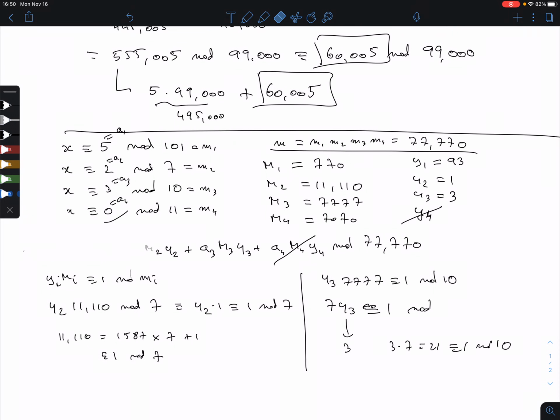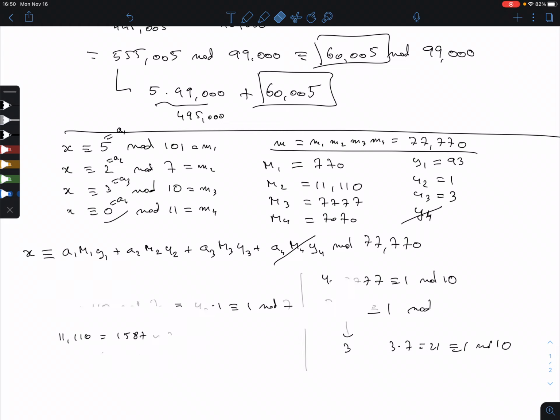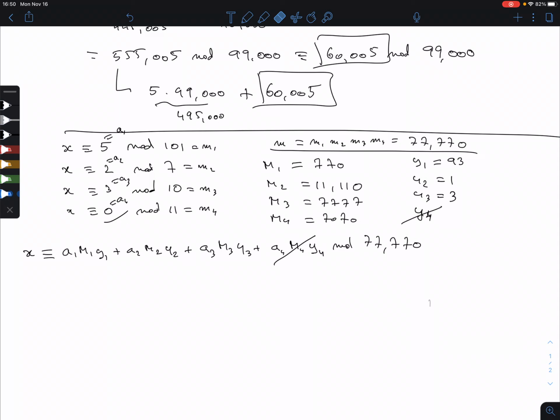So again, let me get rid of these guys now, because this is the last formula I need, right?